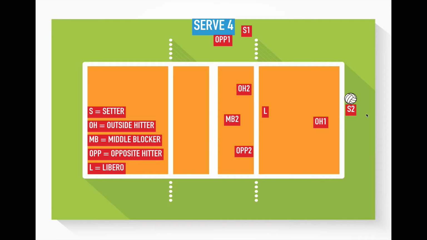And obviously when the setter serves, she's going to come up here. The other thing that needs to happen is we're going to move the outside hitter and the opposites close to each other. And on serve, they're going to switch spots so that everybody's in the same spot. So on serve, 4 girls are moving. The setter, the libero, the outside and opposite are switching sides there.